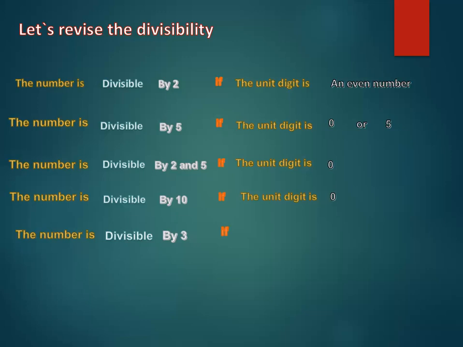If we make the sum of digits of 18, it will be 9. So the sum of digits in table 3 must be 3 or 6 or 9. So in divisibility by 3, the sum of the digits must be 3 or 6 or 9.